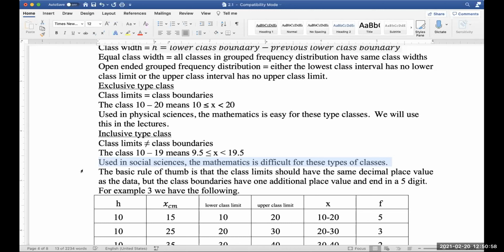So the basic rule of thumb, as you recall, is that the class limits should have the same decimal place value as the data, and the class boundaries have one additional place value, and this additional place value will have the value 5.